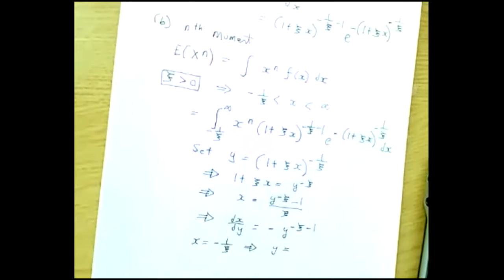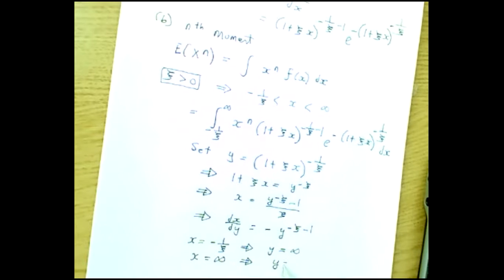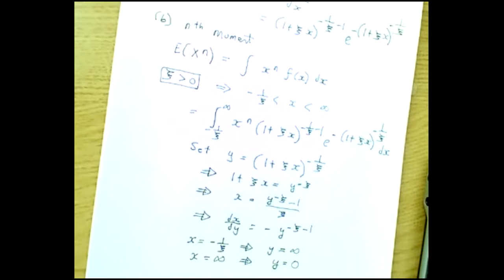So 0 to the negative power is infinity. So y will be infinity. And when x is infinity, y will be 0. All right. Okay. So that's all.